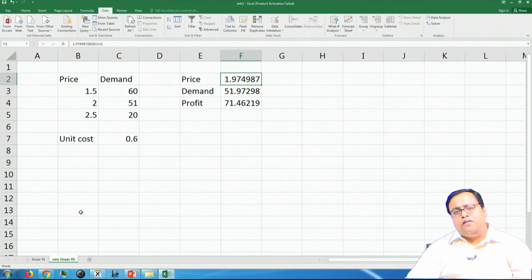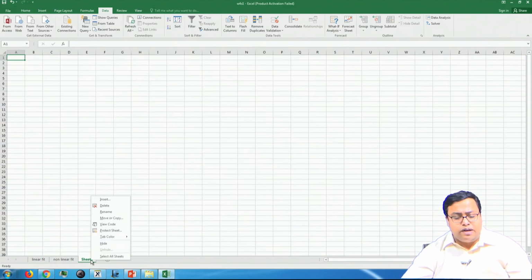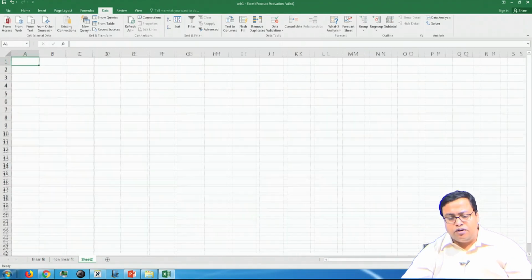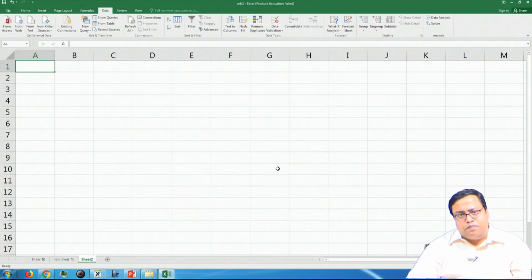Now, there are other kinds of pricing. I forgot the name of the pricing, but here we do not always try to maximize the profit for one product, but we try to maximize the profit for a combination of products.